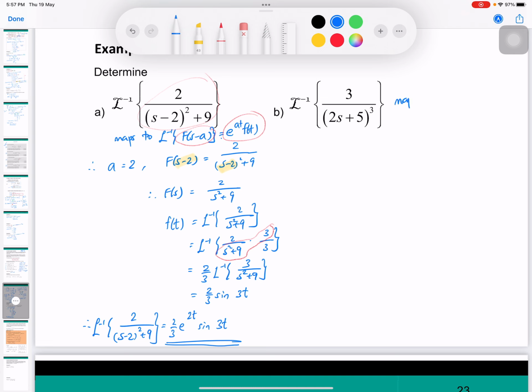This inverse Laplace maps to, again the same thing, inverse Laplace of f of s minus a equals to e to the at f of t. But this is not yet in the form of s minus something. We have to change it a little bit. How to bring in the s minus? I factorize this one first.